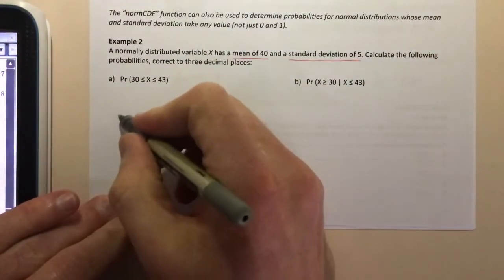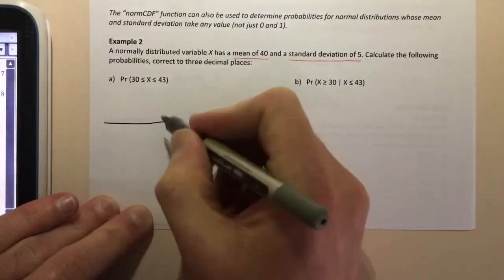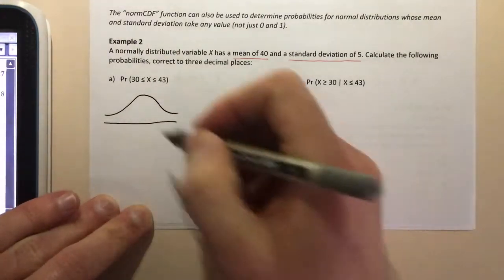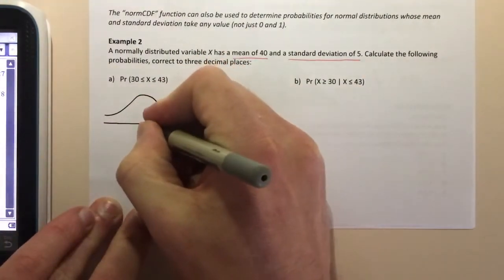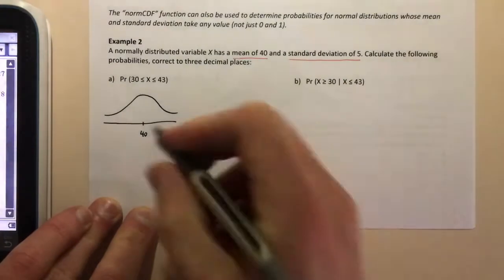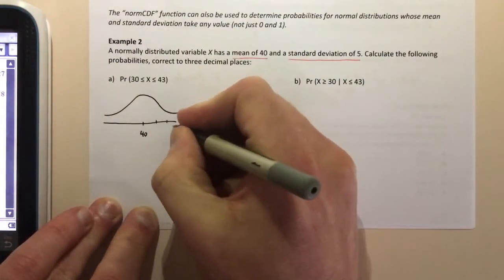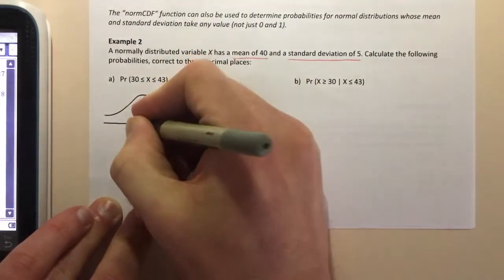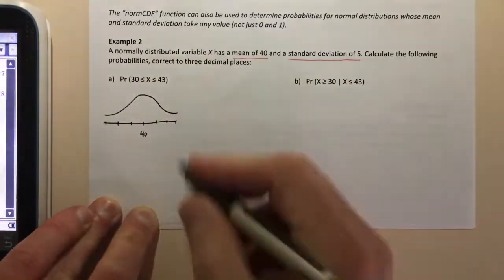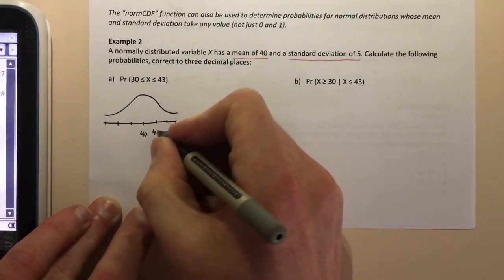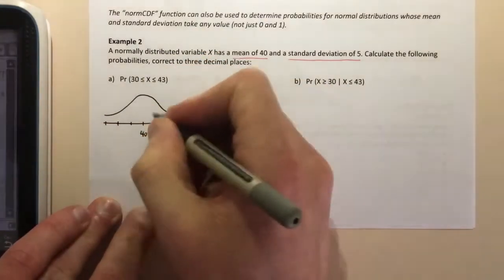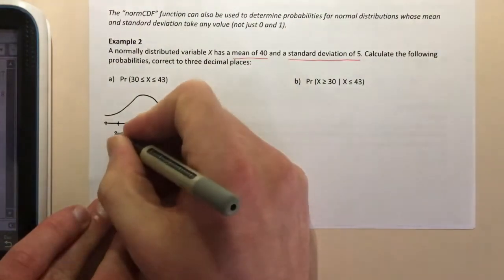Again, I'm going to sketch the curve even though it's not 100% necessary, just good for your understanding. So here's the mean of 40. Standard deviation was 5, so if we mark our 3 above, 3 below, we've got 45, 50, 35, 30.